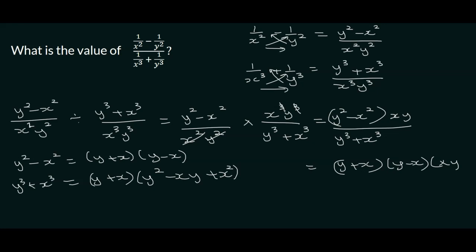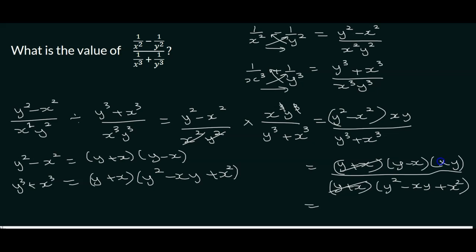So we can cross this out, and then we end up with xy multiplied by y minus x divided by y squared minus xy plus x squared. So that's going to be our answer.